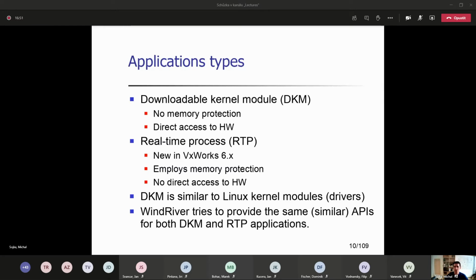A downloadable kernel module is like a traditional application type supported by VxWorks since the beginning. It's a piece of code which runs in the operating system kernel. In the past, many years ago, when VxWorks was started, in the 90s, let's say, of the last century, it was quite common, especially for real-time operating systems, not to distinguish between applications and the kernel, because the boundary between application and kernel in a traditional operating system was quite costly.